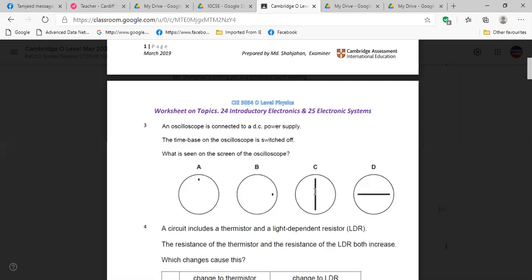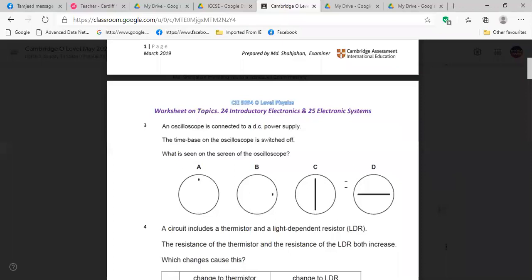So you label it. That day I told you to label. C is showing you AC if the time base is off. If the time base is on, then you'll see one sine curve, the wave you will get.